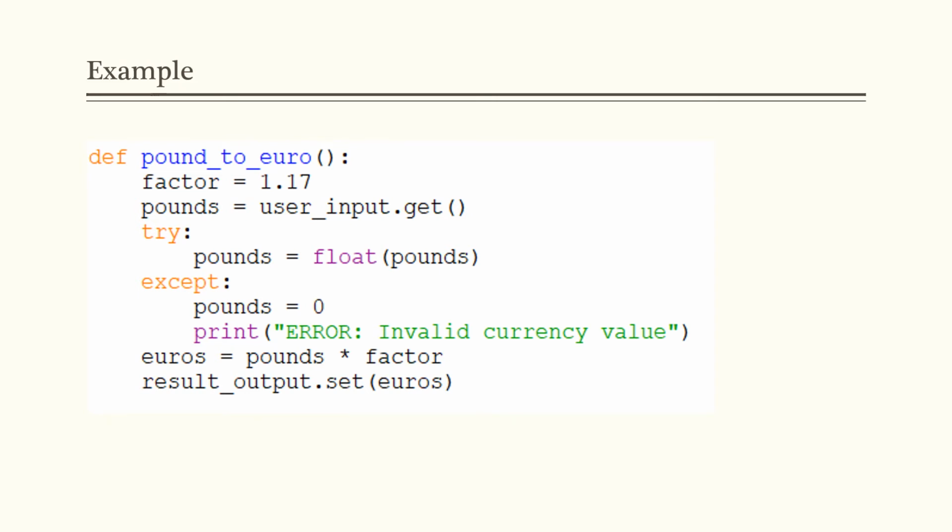I've used the print command there. Now, what would happen if we did that in our current project? Well, the answer is the error message would appear in the Python shell, which isn't all that useful because we're not working in the shell, we're working in the window.